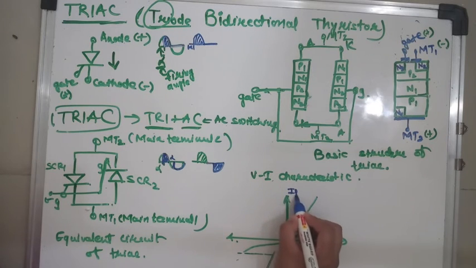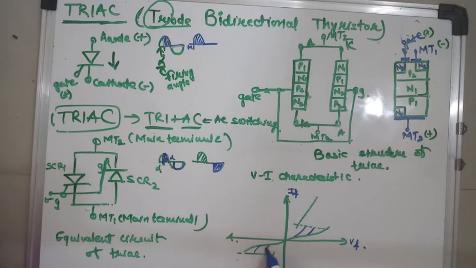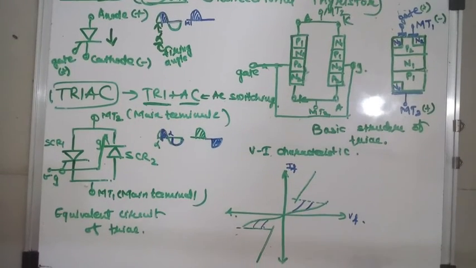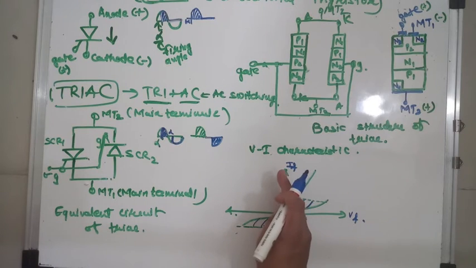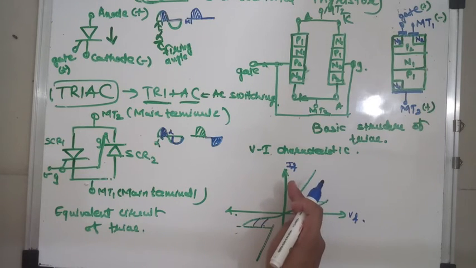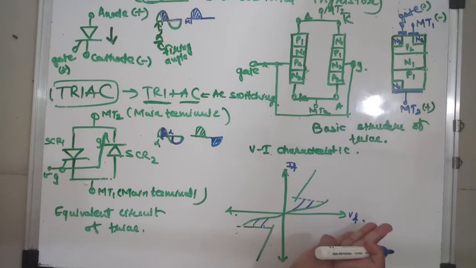Here IF, VF. This is the characteristic of a triac, where the forward current is plotted on the y-axis and V is plotted on the x-axis. So that is the VI characteristics of a triac.